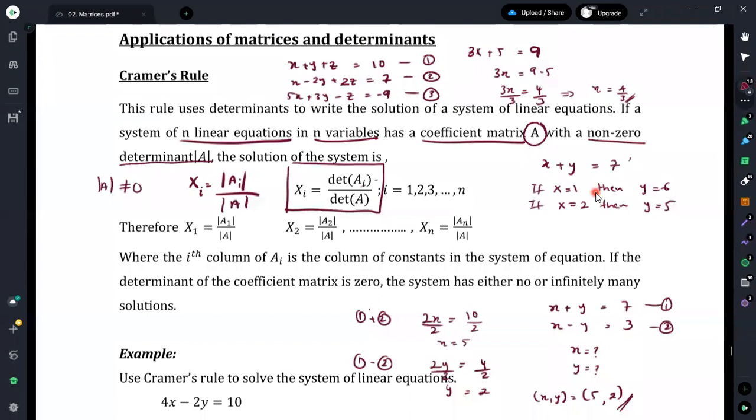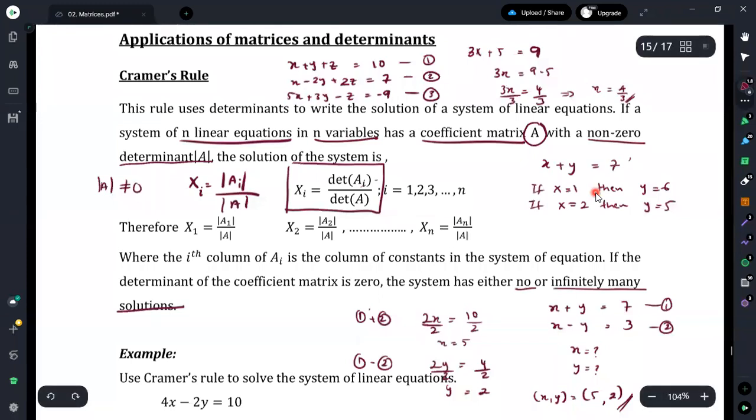But at this stage, if you obtain the determinant of matrix A and get a zero value, then we can just state that the system has either no solutions or infinitely many solutions. By stating that, you can terminate your calculations.